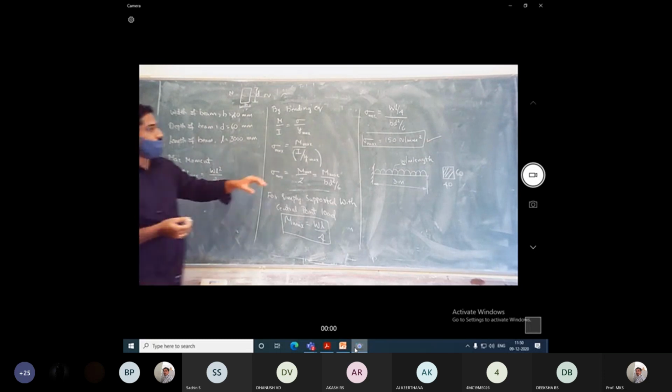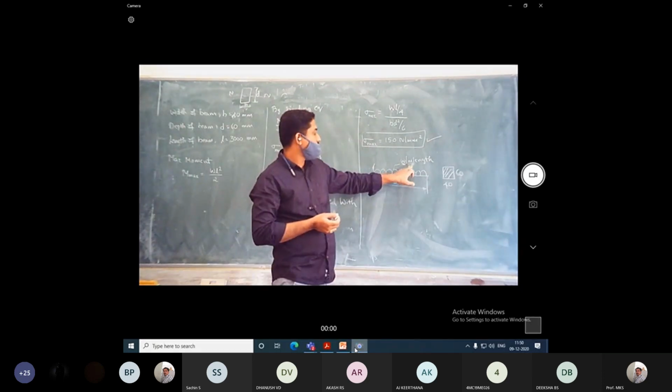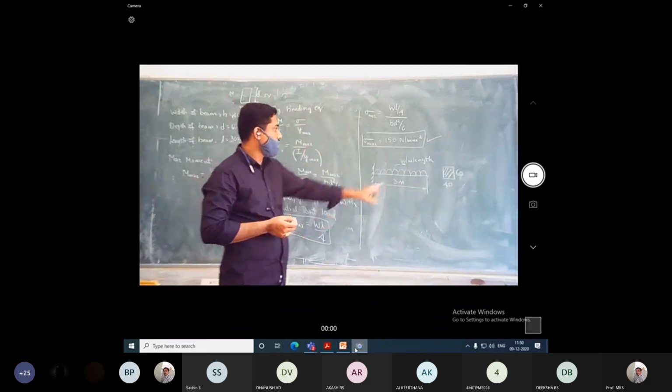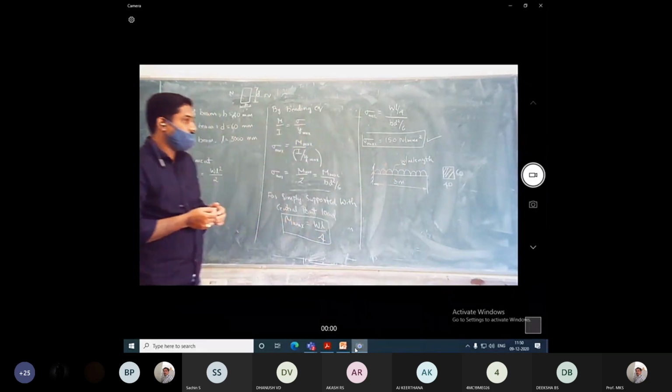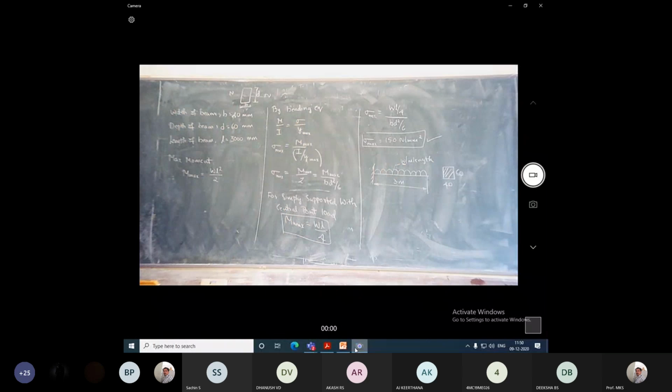Here W is given as load per meter length. So what is M for the second part of the problem?